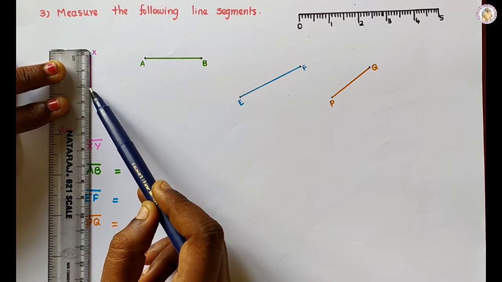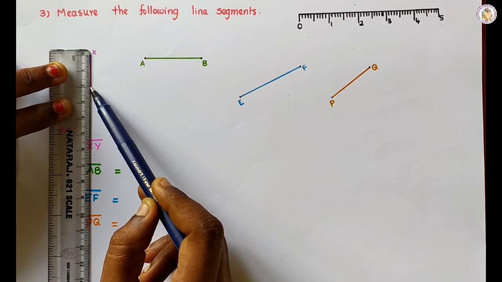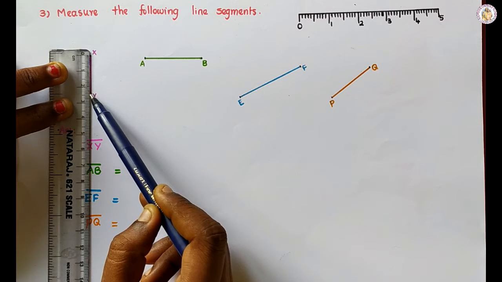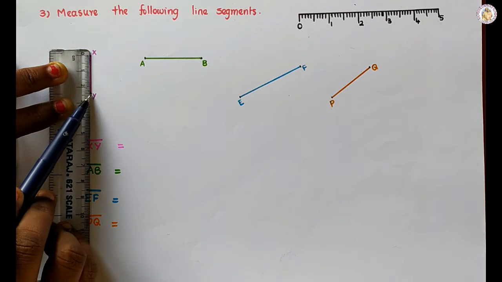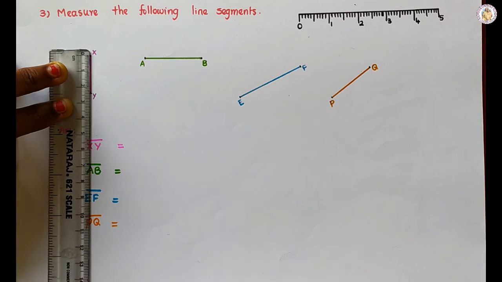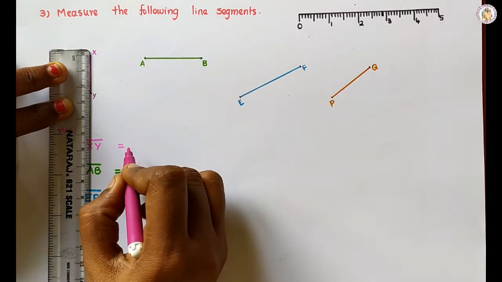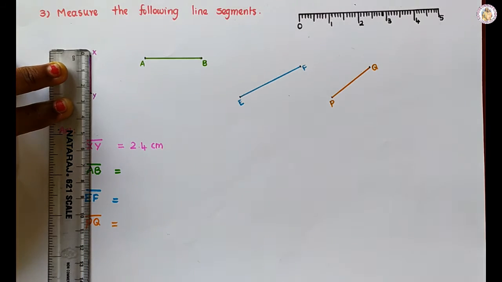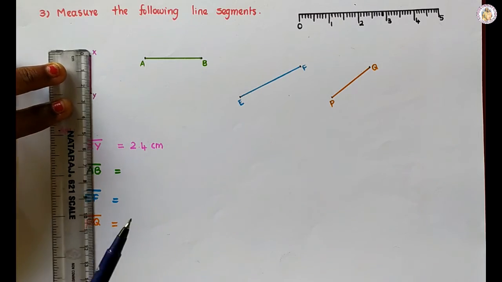Here 2. After 2, 2.1, 2.2, 2.3, 2.4. The end point is at 2.4. So the length is 2.4 centimeter.